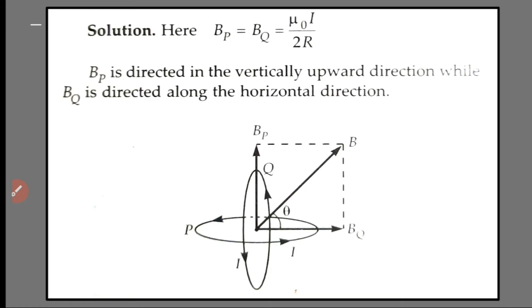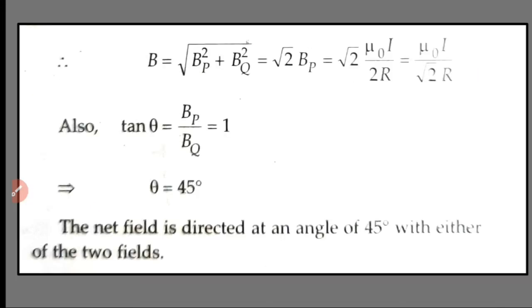I repeat: if theta is the angle between two equal vectors, then the resultant will make an angle theta by 2 with either of the vectors. So the resultant will be making an angle 45 degrees with BP and BQ. That is the answer. So the net field is directed at an angle 45 degrees with either of the two fields.